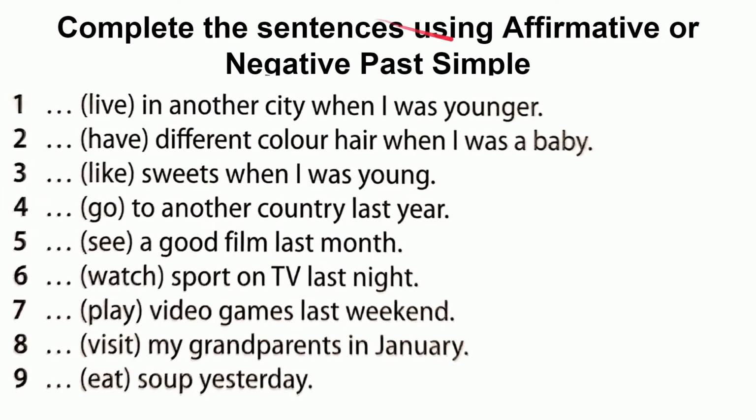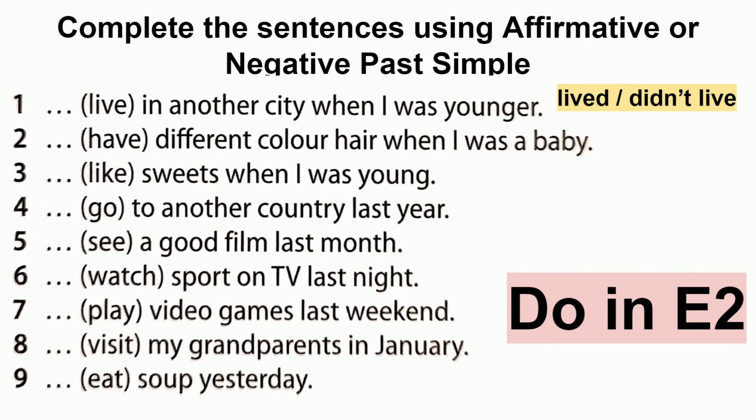Complete the sentences using affirmative or negative past simple. So you can fill in the blanks based on your own experience. For example, let's look at number 1. Live in another city when I was younger. Based on your own experience, whether you have or you did not have the experience itself. For example, I lived in another city when I was younger.